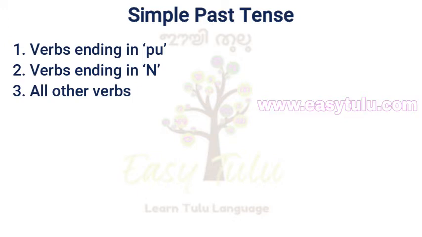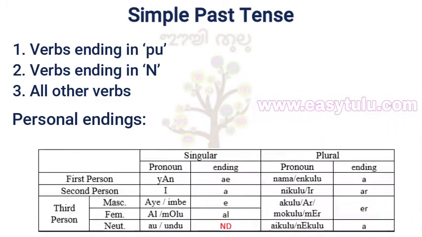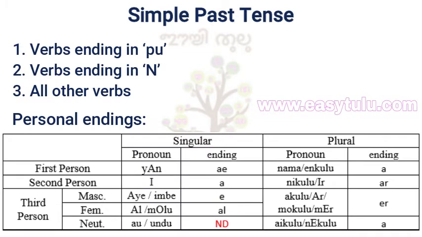Before learning each one, let me show you personal endings in simple past tense. Personal endings in simple past tense are same as simple present tense or future tense. Third person neuter singular is an exception. So first person singular yan, personal ending is a.